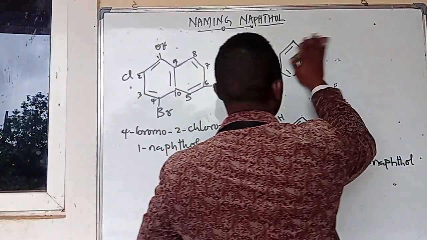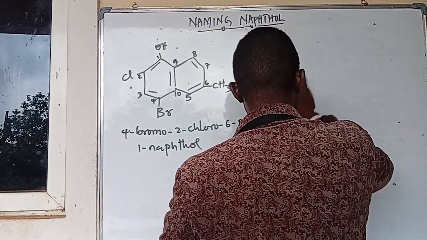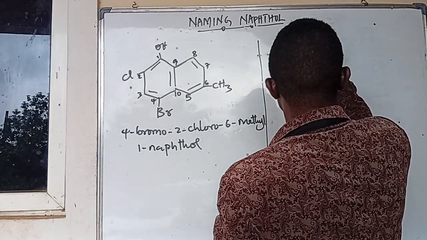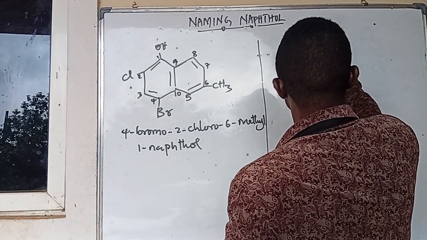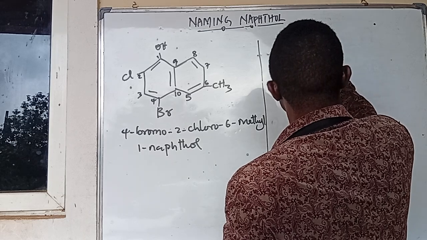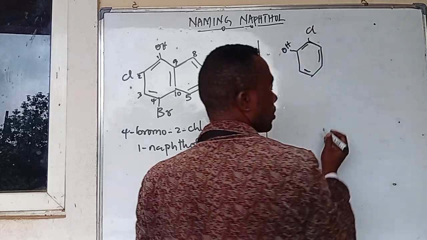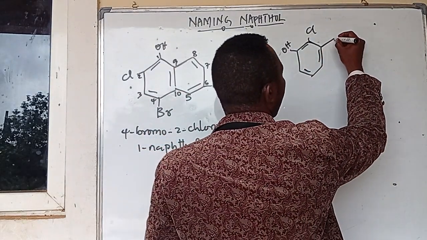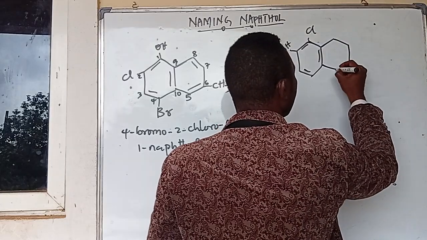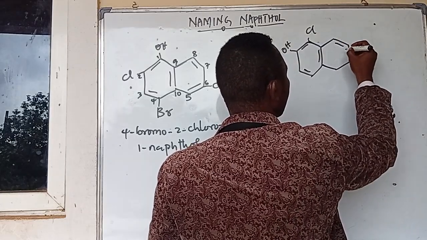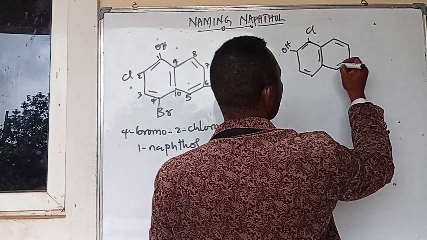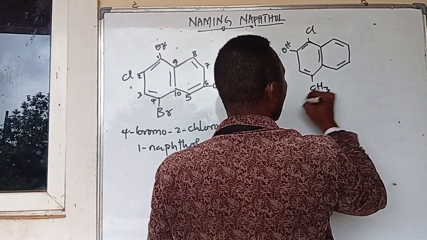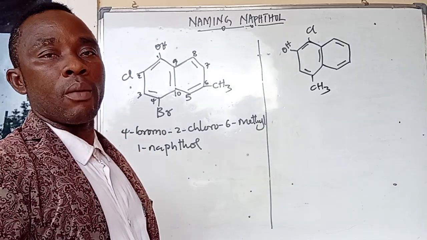Now, again, when we have a Cl here, then we have an OH here, and let's say CH3 here, what is the name of the compound?